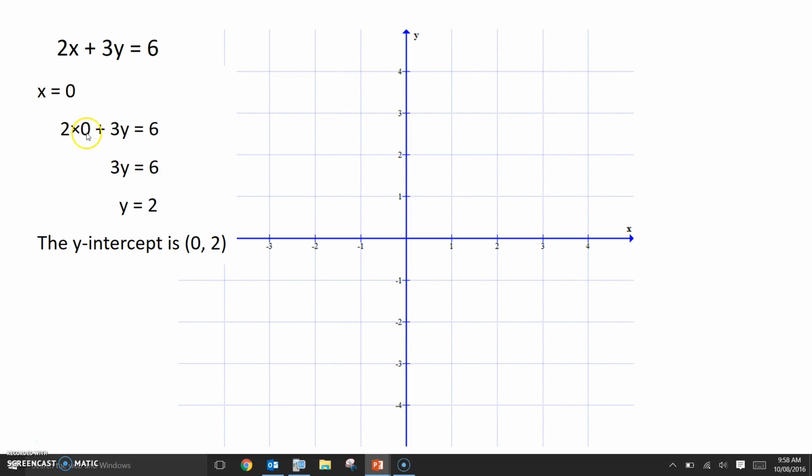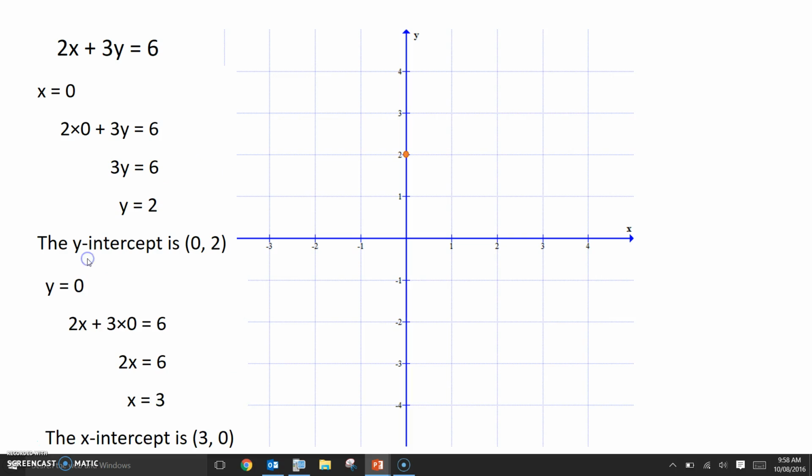So when we put x equals 0 in our formula, we work out that y equals 2. So we can put a point at 0, 2. Then we make y equals 0. Put that in our equation, and you get 2x equals 6, x equals 3. So 3, 0 is where it crosses the x-axis.